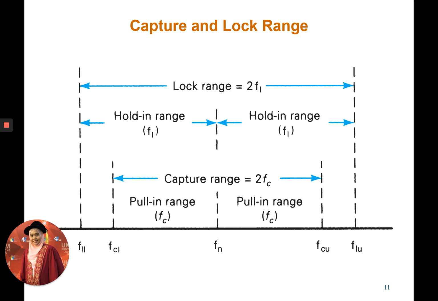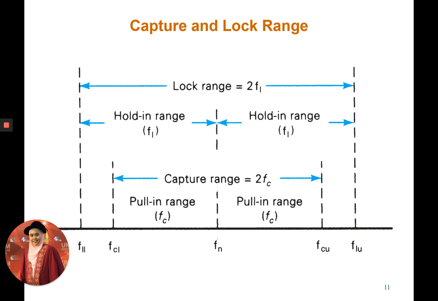So this is the difference between lock range and capture range. If you see over here, the frequency range of the lock range is wider than the capture range. So we need to capture first in the narrow range of frequency before we can have it in the lock state.